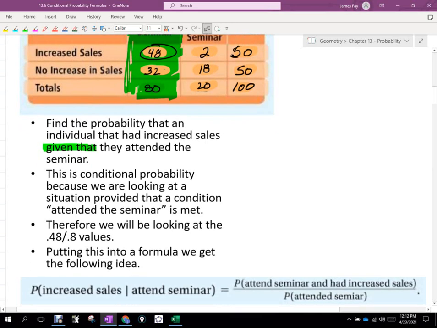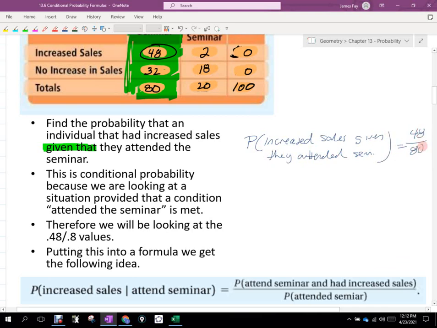Okay. So in order to figure this out, the way we write this, the probability of increased sales, I'm going to write it in words first, increased sales given they attended the seminar, that's going to be 48 divided by 80.